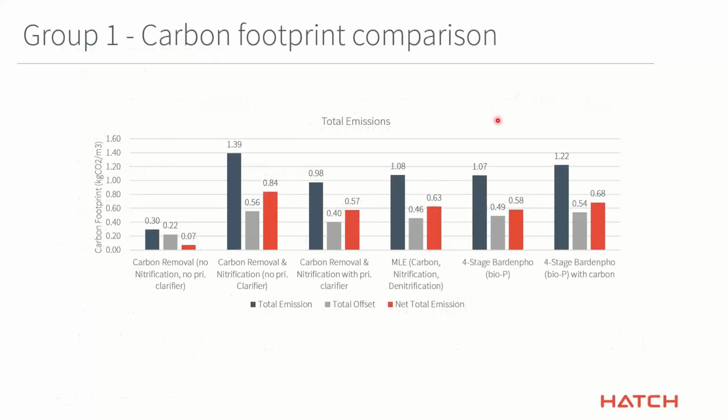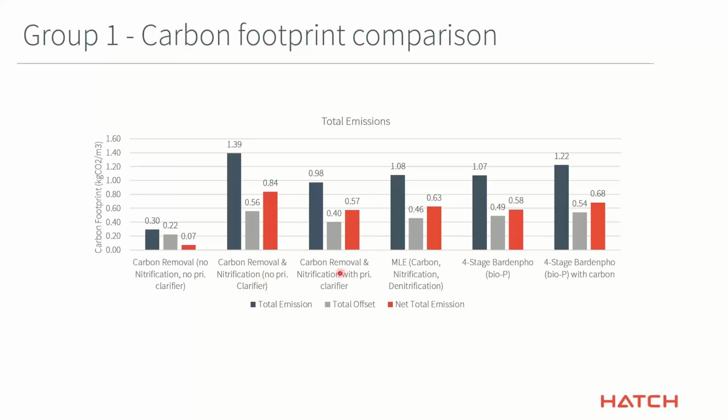So just a very high level here. On the bottom, you can see there are various different configurations. The first configuration is carbon removal with no nitrification, which means we are running the system at a very low SRT, and there is no primary clarifier. The second one is carbon removal with nitrification, and there is no primary clarifier here.